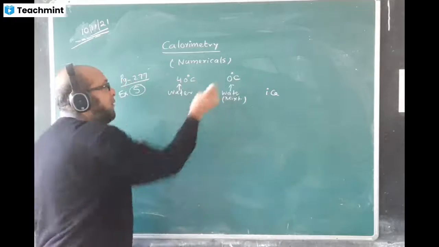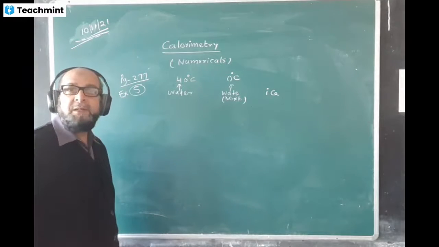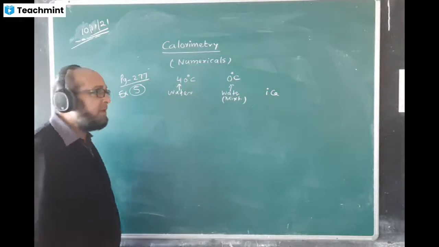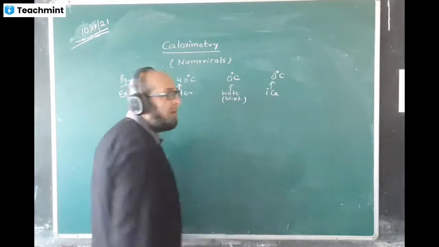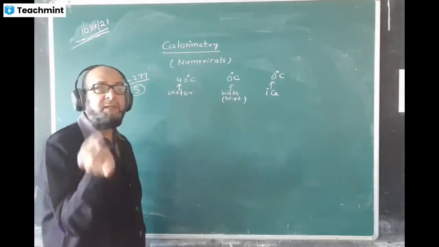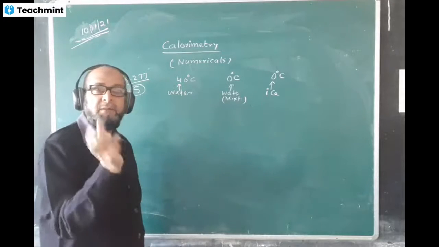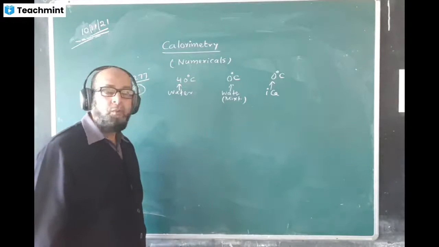When the initial temperature of ice is not given, we will take it 0 degrees Celsius. Otherwise, they would mention in the question the initial temperature of ice, minus 5 degrees Celsius, minus 10, that will be mentioned. If not mentioned, we'll take it 0.